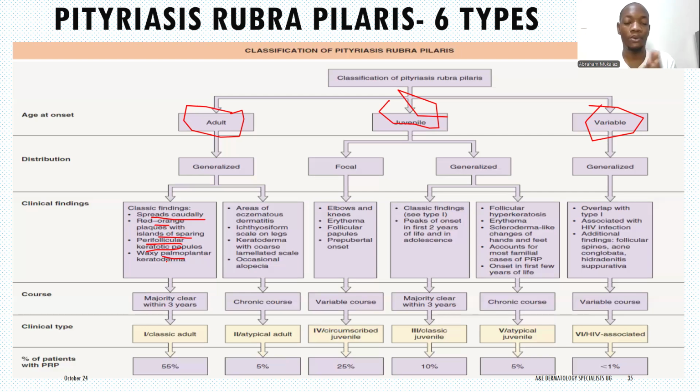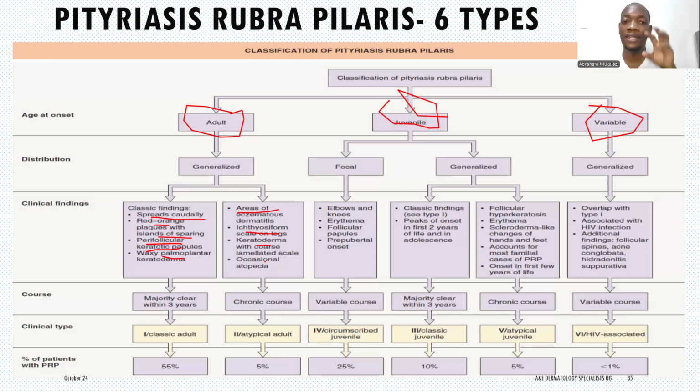The atypical type will not have all the features that we've talked about, but will just have a few. In this case, someone will have areas of erythematous or eczematous dermatitis. They can get ichthyosiform scales on the legs. They can also get some keratoderma with coarse laminated scale, or they can also get occasional alopecia.